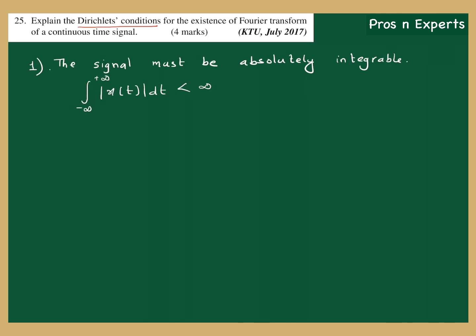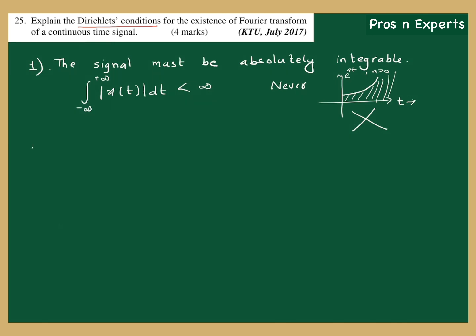That means the signal should never be unbounded like this. If you have the signal e raised to at for a greater than 0, the signal would be like this. As t tends to infinity, the area under the signal goes to infinity. So such signals will never have a Fourier transform. Okay, that's the first condition: the signal must be absolutely integrable.